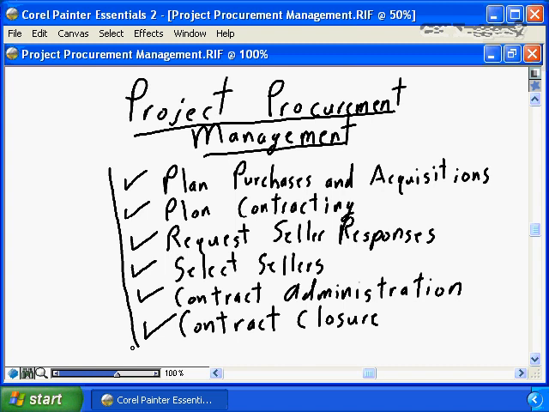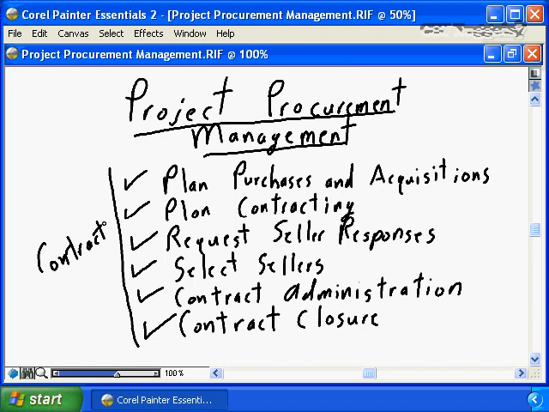One of the biggest issues with procurement management is the fact that it produces a contract. A contract is a legal binding document. A contract obligates the seller to certain obligations and obligates the buyer to pay for, receive, and approve the products and the services produced by the seller.